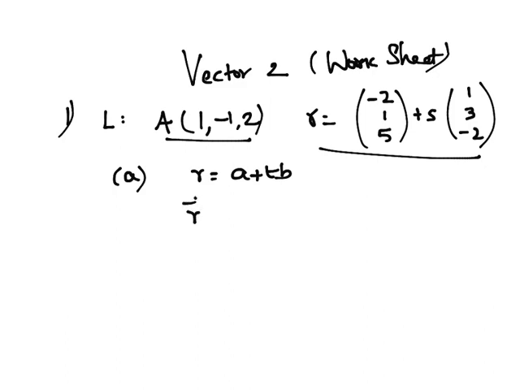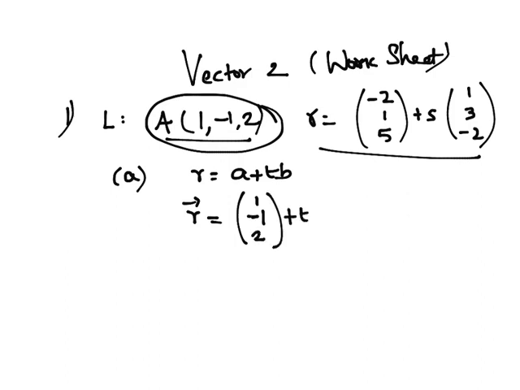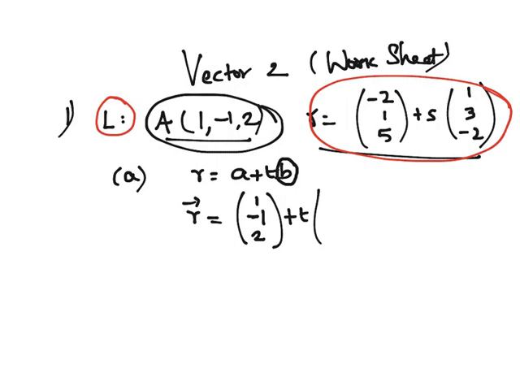r equals a, which is nothing but the position vector of this point. That means 1, minus 1, 2 plus t times, and this is the vector which gives the direction for L. Since this line L and the given line are parallel to each other, I can use this as the direction vector.